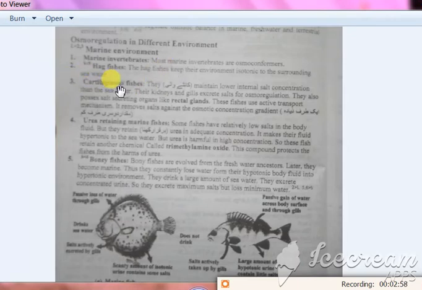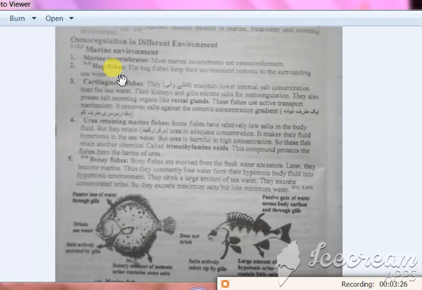Next are cartilaginous fishes. Cartilaginous fishes are mostly biting fishes. They maintain a lower internal salt condition than seawater. We already discussed that the marine environment has a maximum amount of salts, but they have a low concentration of salt in their body.